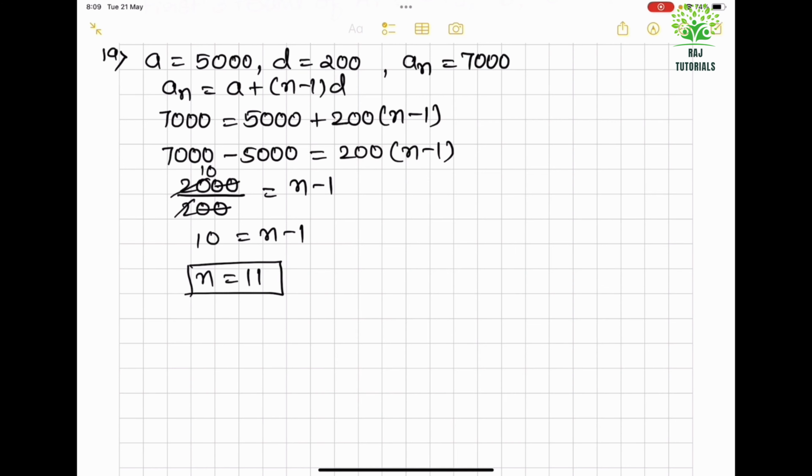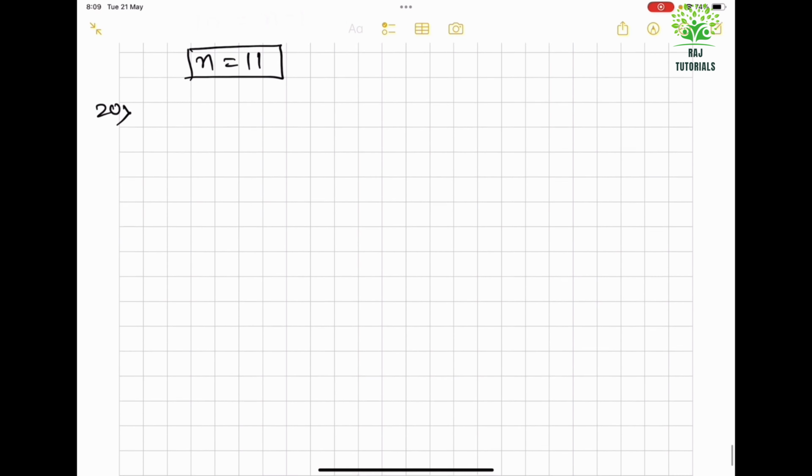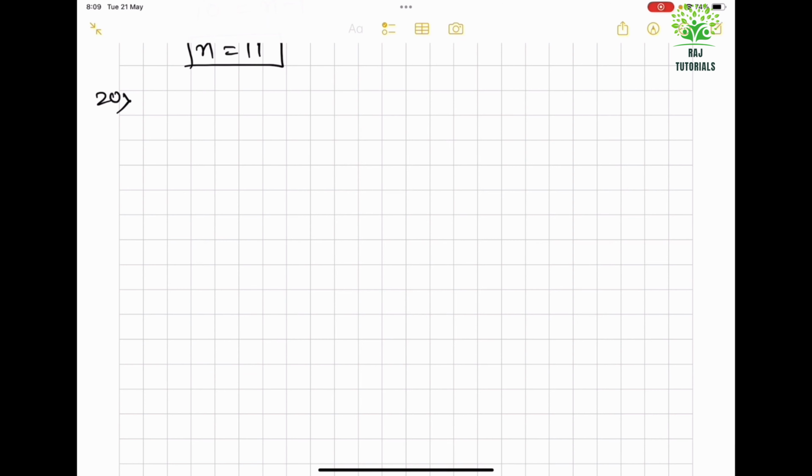Now the 20th one is: Ramkali saved rupees 5 in the first week of a year and then increased her weekly saving by rupees 1.75. Okay, so a is 5 and d is 1.75.